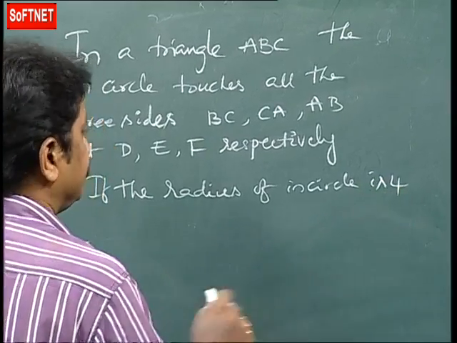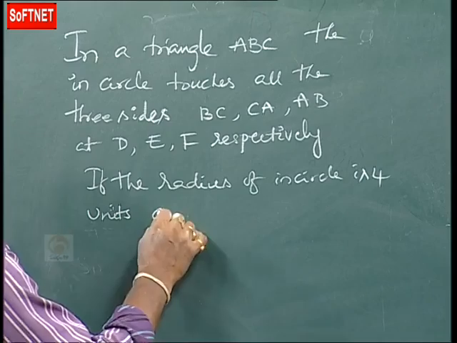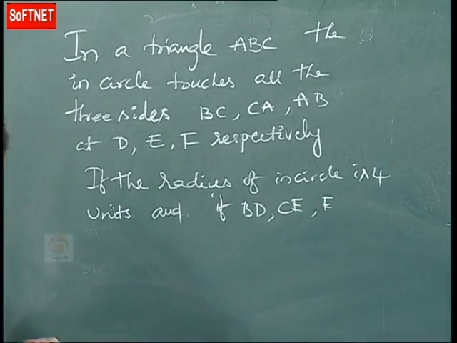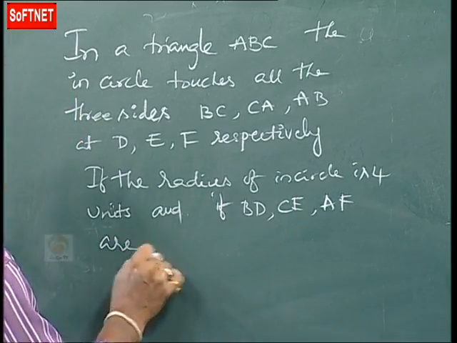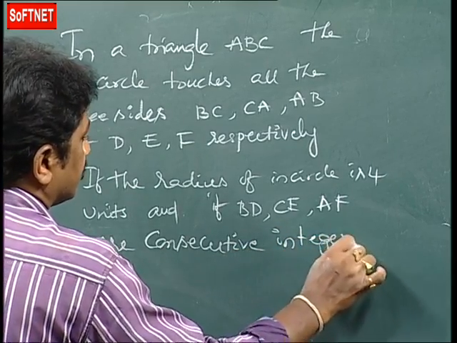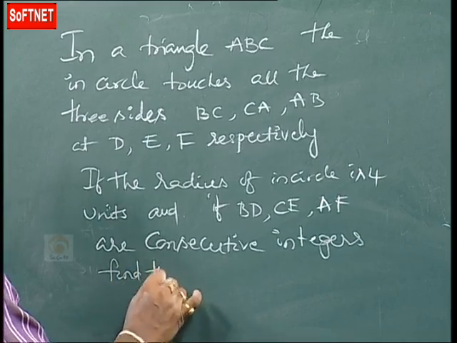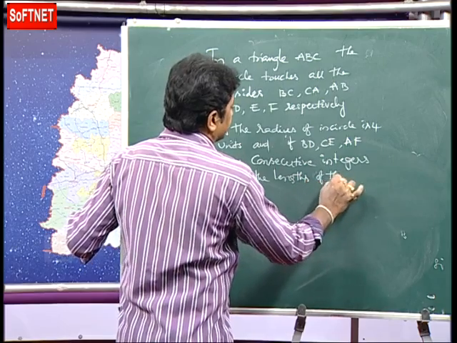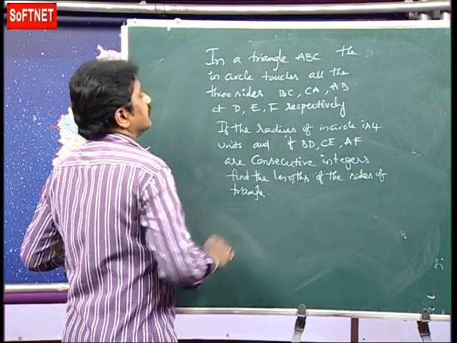If the radius of the incircle is 4 units and if BD, CE and AF are consecutive integers, then find the lengths of the sides of the triangle. Okay, this is the question.